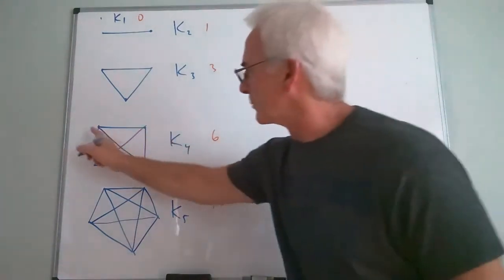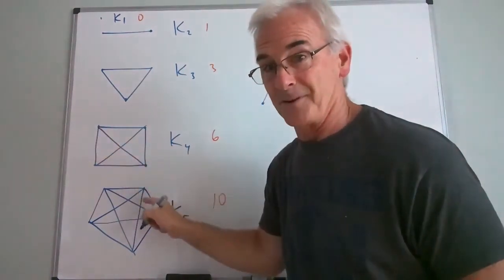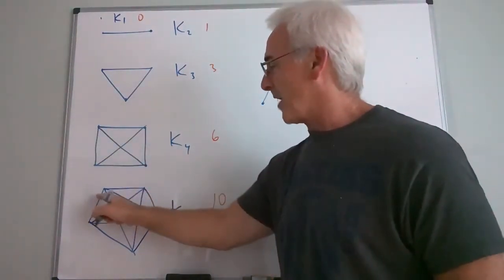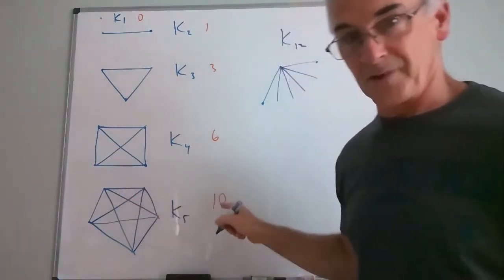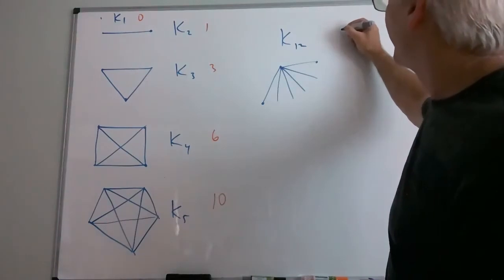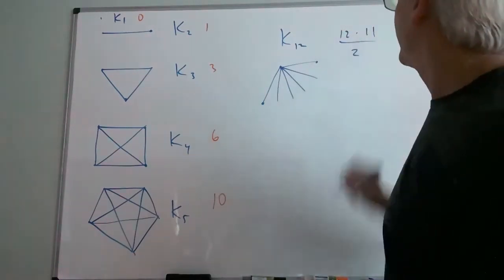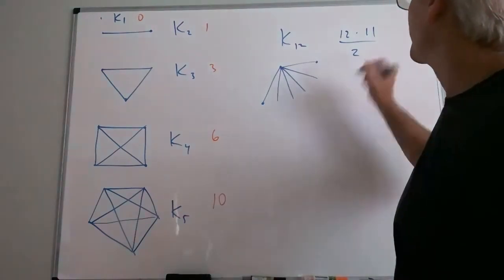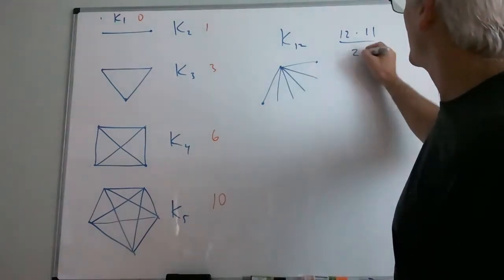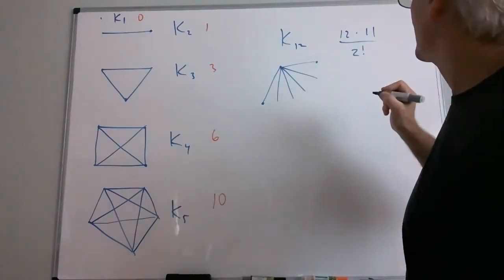So does it appear that it was 4 times 3 divided by 2? Then how about this one? 5 times 4 divided by 2. So what do you think this one's going to be? 12 times 11 divided by 2. Now, how about if I wrote it a different way? How about 12 times 11 divided by 2 factorial?